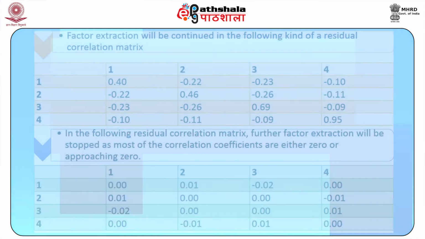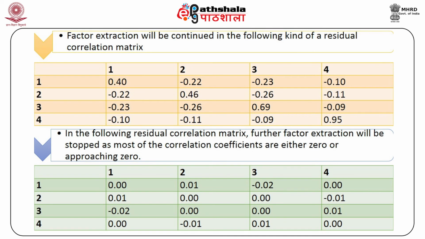In this method, it is observed that when most of the correlation coefficients, that is more than 50% of the correlation coefficients in the residual correlation matrix, are 0 or approaching 0, then one should stop further extraction of factors. Factor extraction will be continued in the following kind of residual correlation matrix.